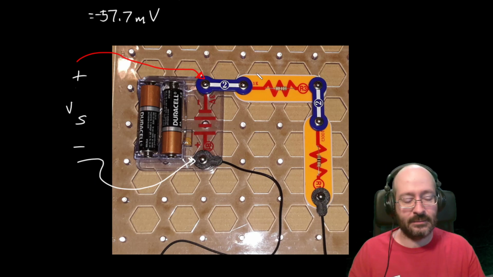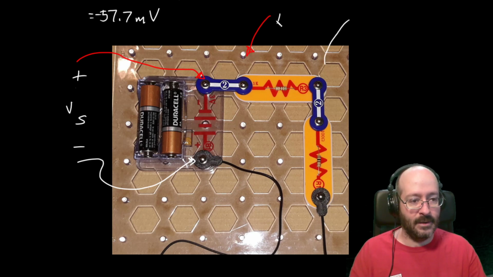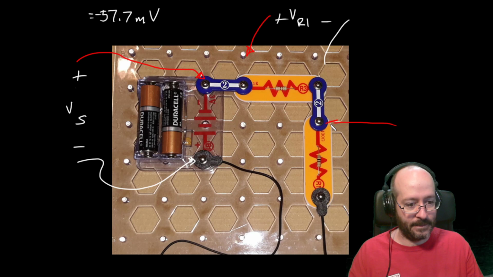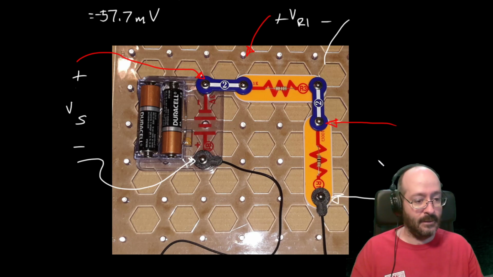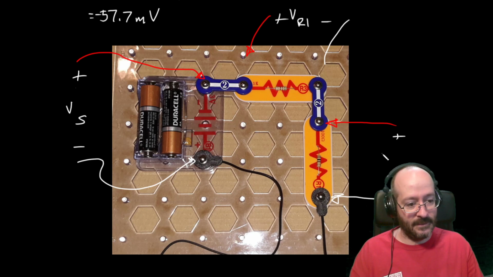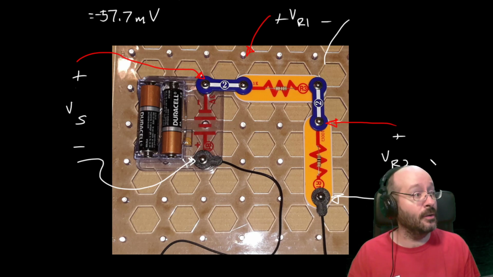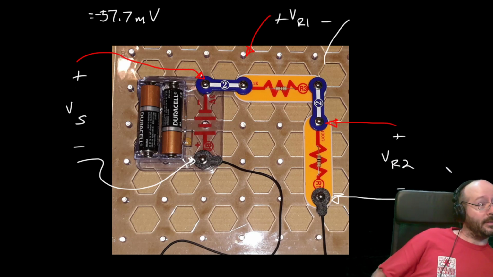That's VS. Then I'm going to stick a red probe here and a black probe here, and that's going to be VR1, and then a red probe here and a black probe here, and that's going to be VR2.